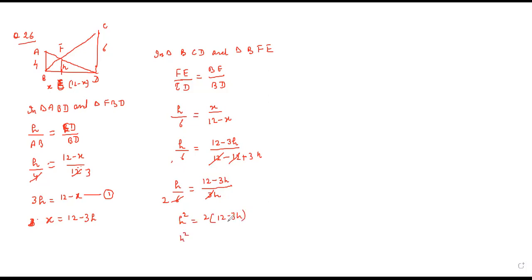So H square is equal to 24 minus 6H. So this is H square plus 6H minus 24 equal to 0. So do the factors and get the answer. I hope this is clear.